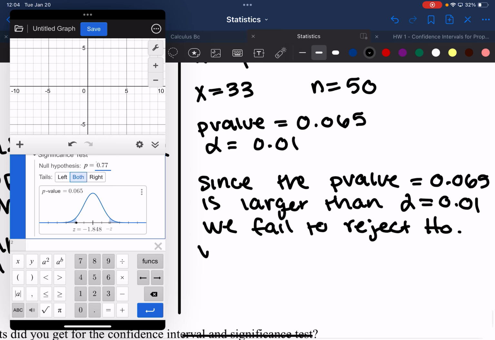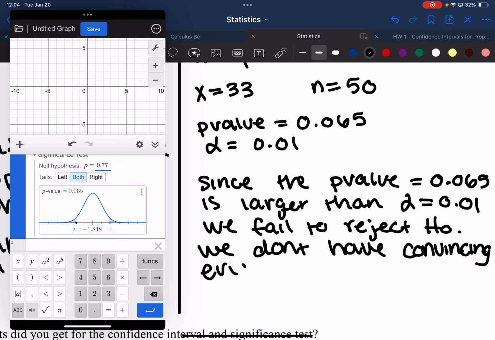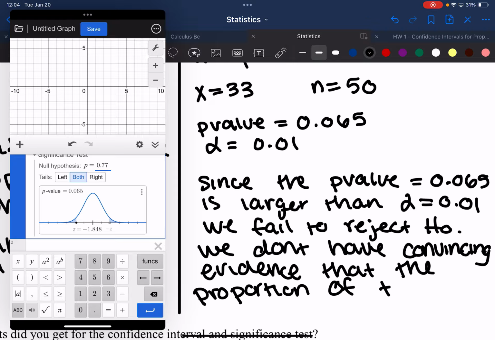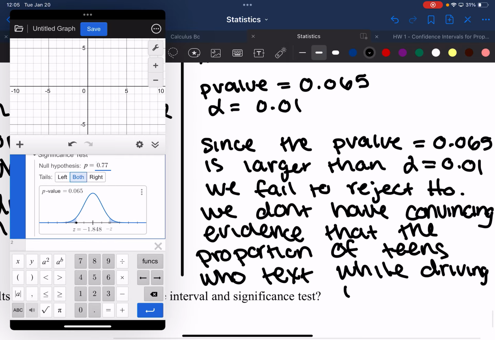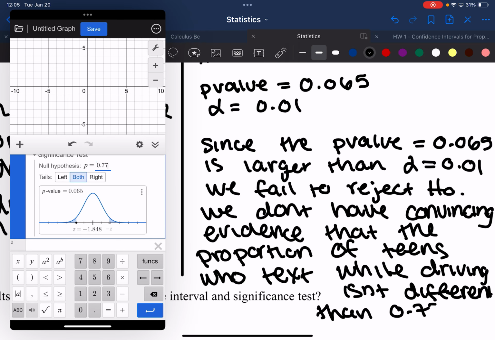So we'd say we don't have convincing evidence that the proportion of teens who text while driving isn't different than 0.77.